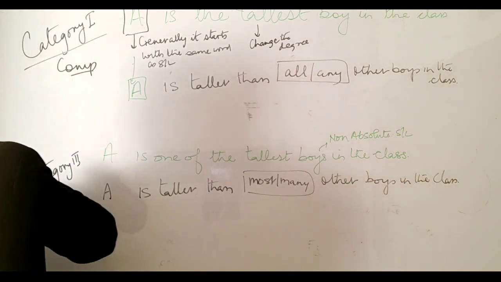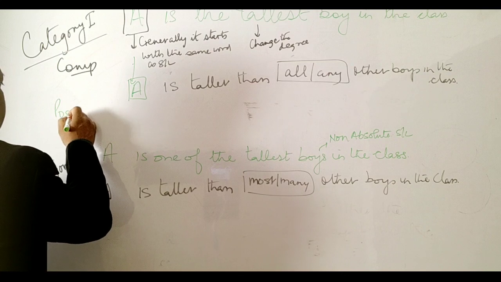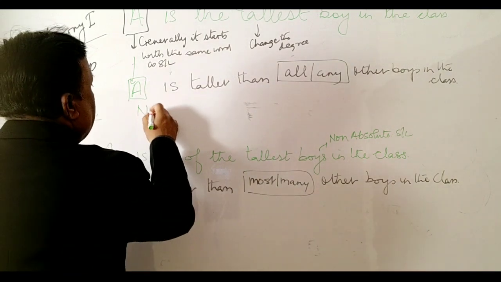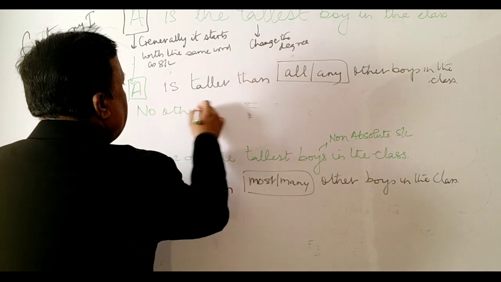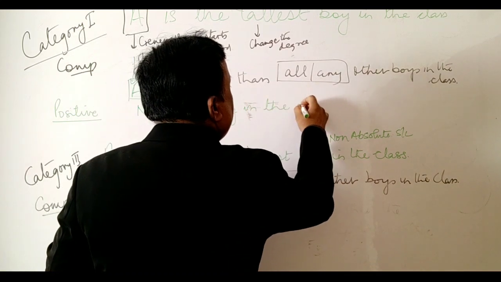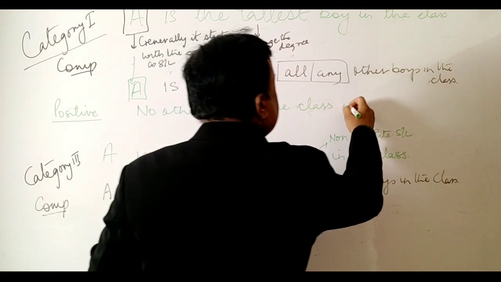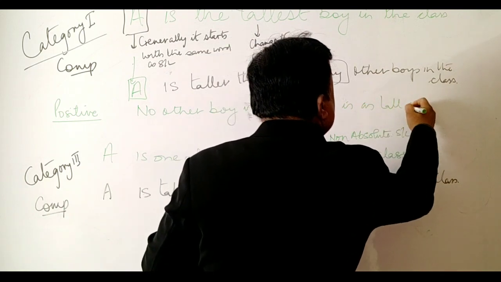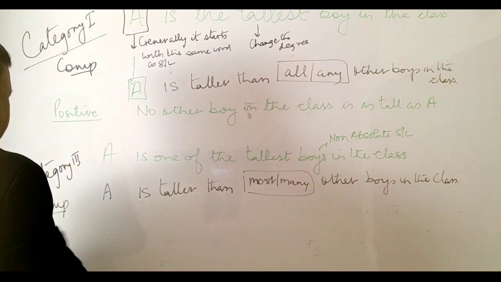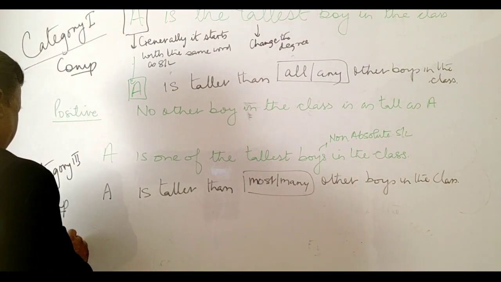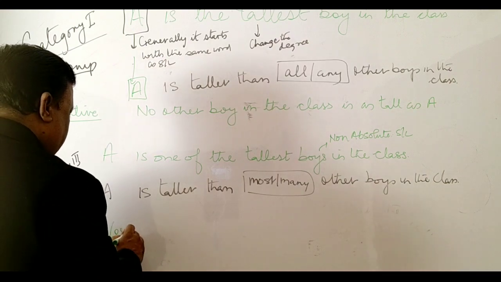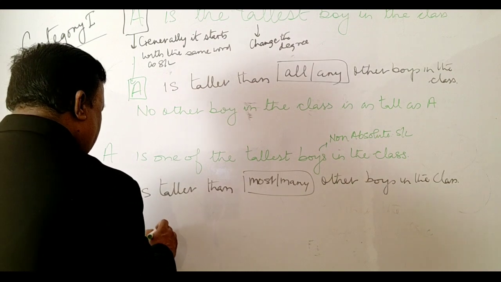For positive degree, you can start with no other. No other boy in the class is as tall as A. And here, for positive degree, we will use very few or few.